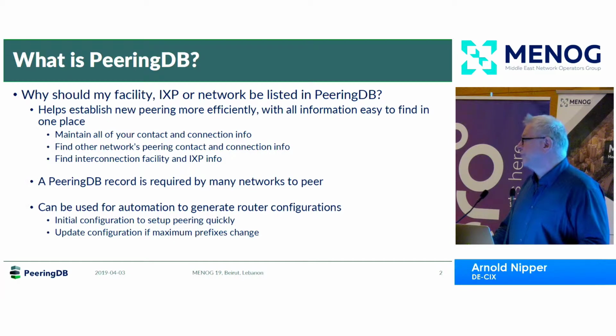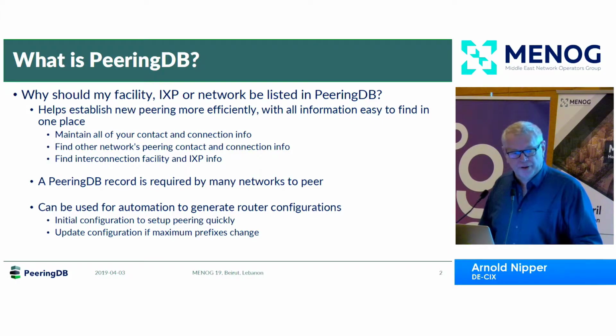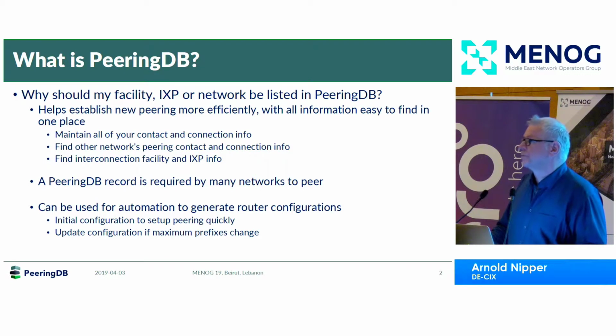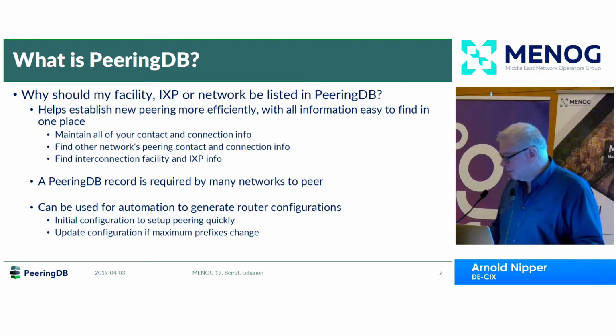And as a facility, you are also interested to be listed, also to have all your customers, your networks, listed there as well. And for an exchange, this is the same. You want to have all your networks listed so that your networks which are connected are easily able to generate information from it.